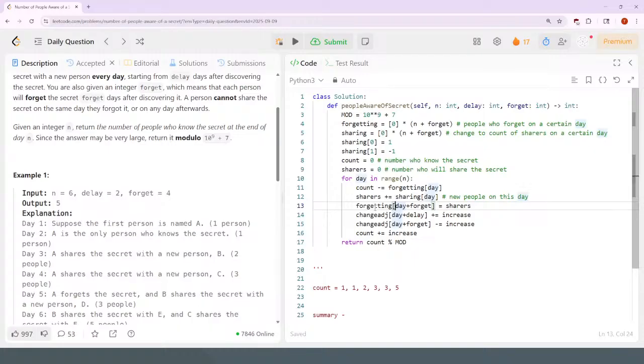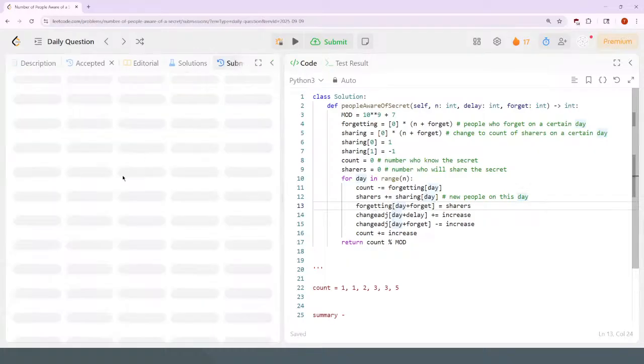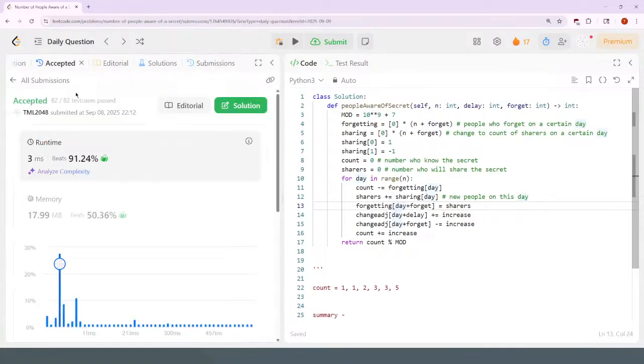All the current shares will forget. Right?